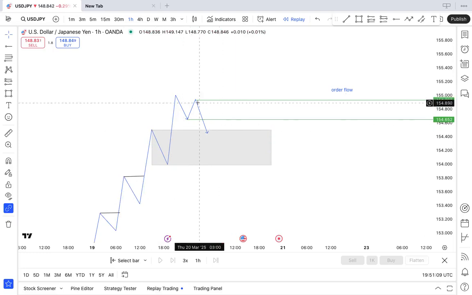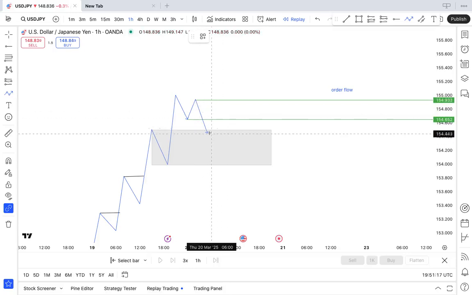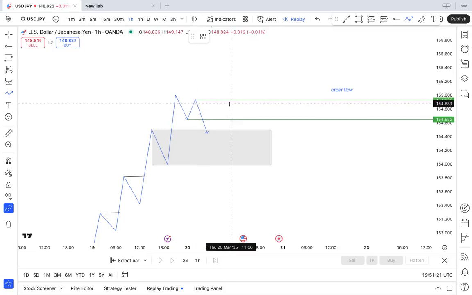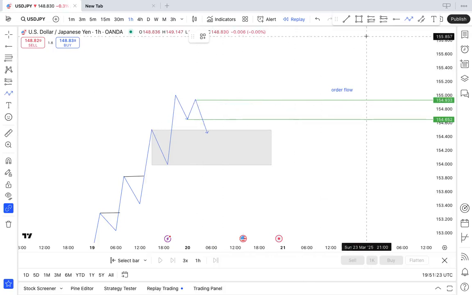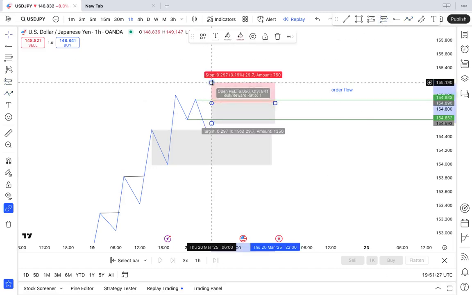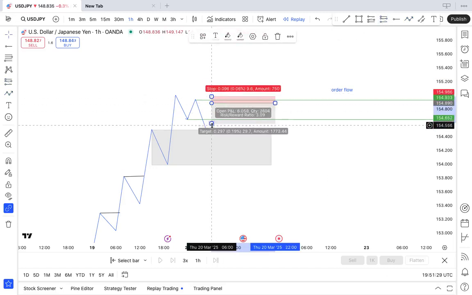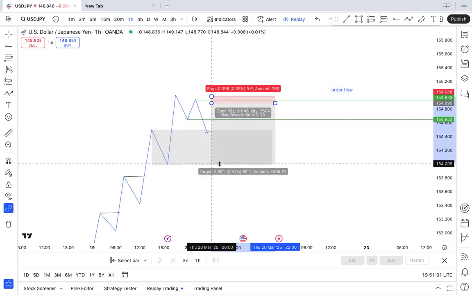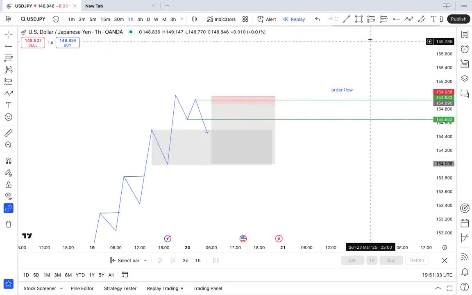So you are having this area of liquidity here. You can confirm it, look for your liquidity engineering or flip, you place your entries here. For example, something like this. You say, okay, now I'm going to sell, price from here up to maybe this level, anything you feel like.